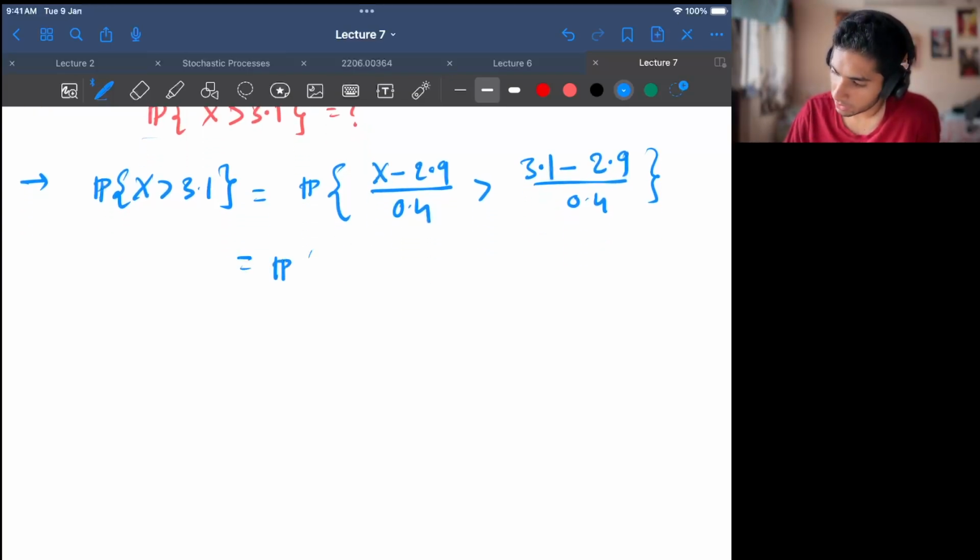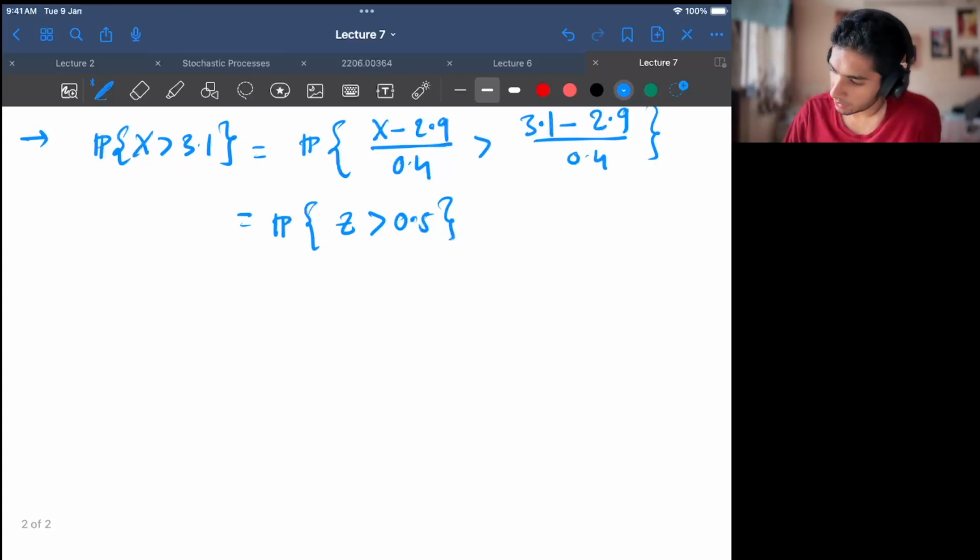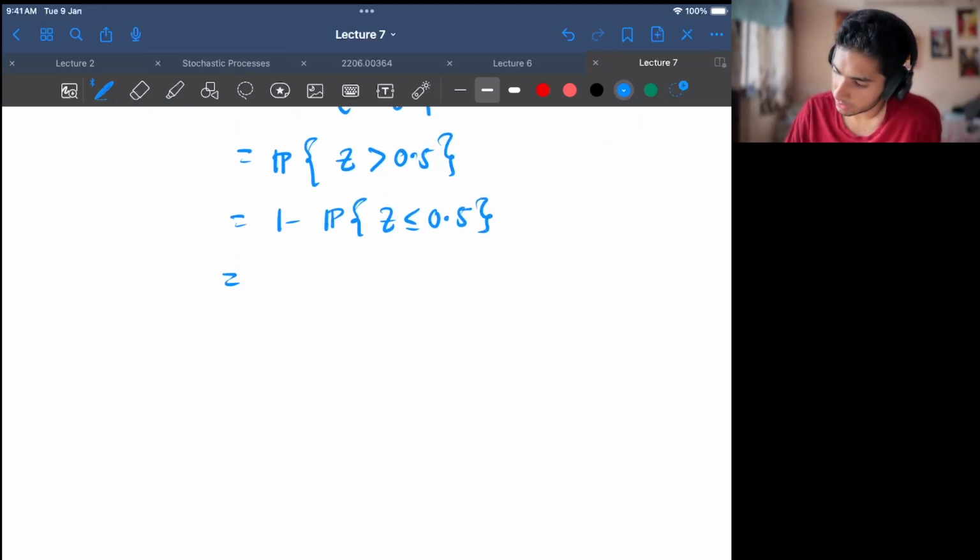Then this becomes what? Now after shifting and normalization, this becomes your standard normal distribution, greater than 3.1 minus 2.9 is 0.2, and 0.2 by 0.4 is half, right? So this is 0.5, and this thing is equal to 1 minus probability of z being less than or equal to 0.5, and this is equal to 1 minus phi of 0.5.